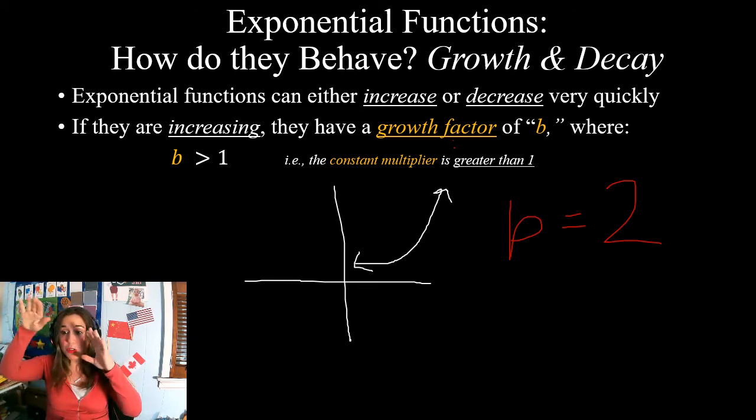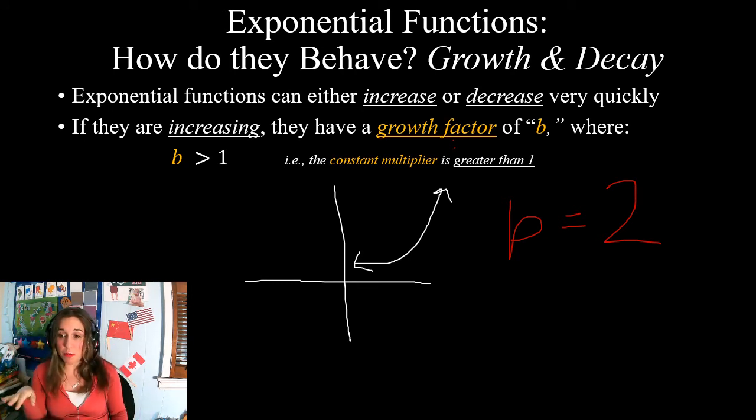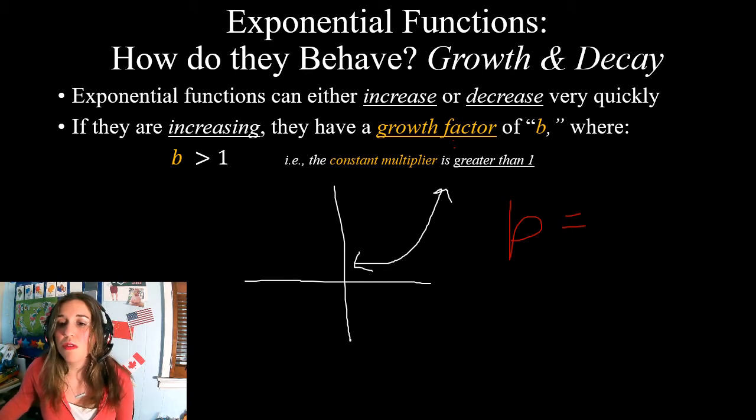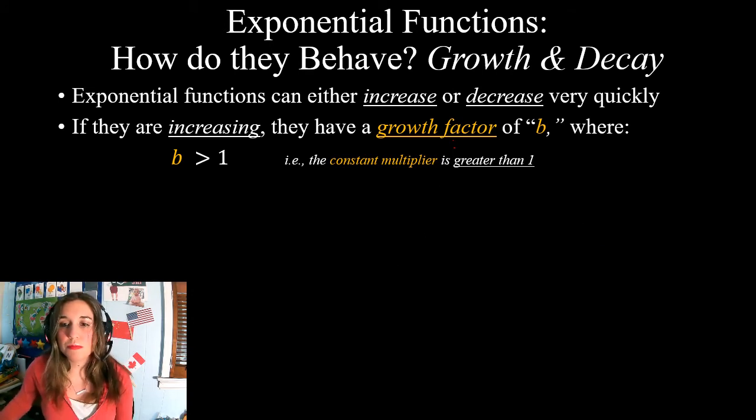If we're multiplying by a factor of 2 from one output to the next, then we are doubling. Of course our exponential function is going to get bigger. If we double 4, it goes to 8. If we double 8, it goes to 16. So when our constant multiplier is a number greater than 1, of course our exponential function is going to increase. So that just means that we have a growth factor. Our constant multiplier is called a growth factor.